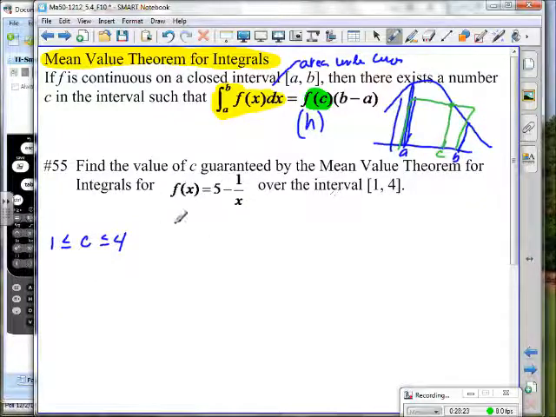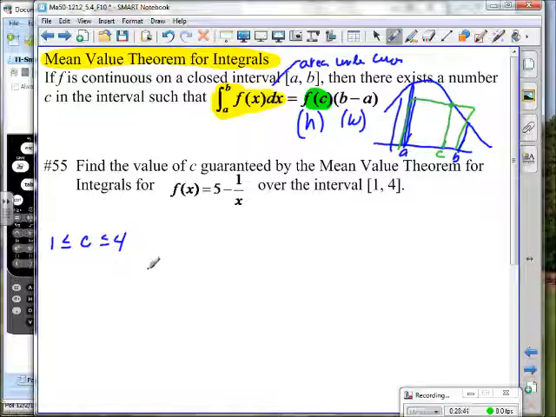But find the value C for which this situation is true. Do we know A and B?